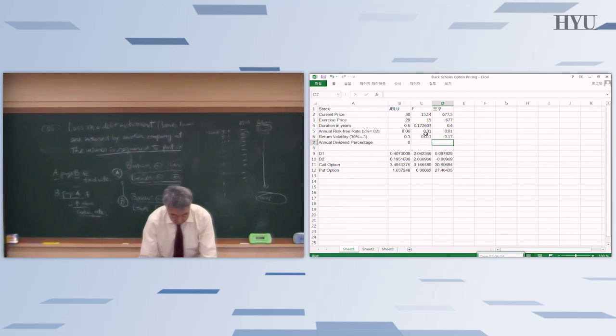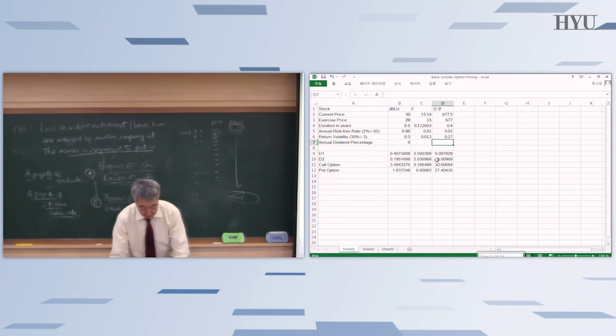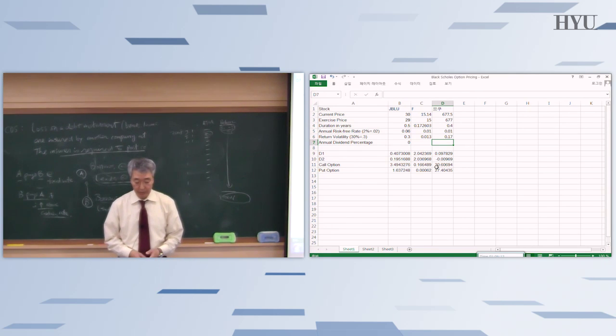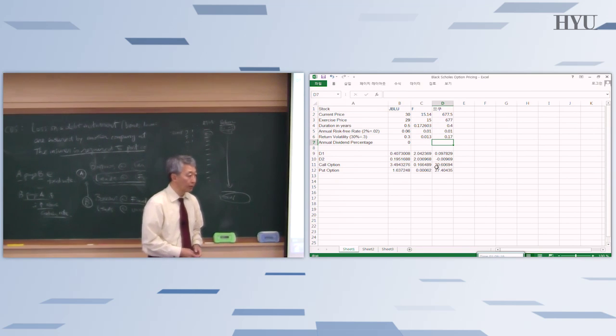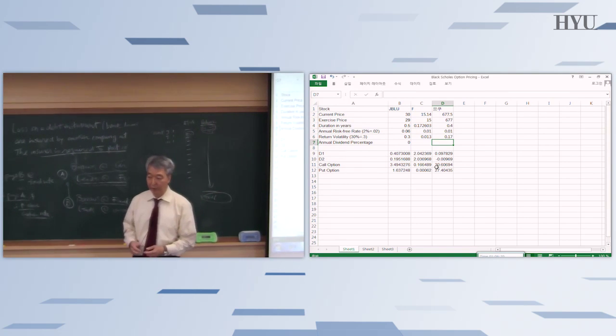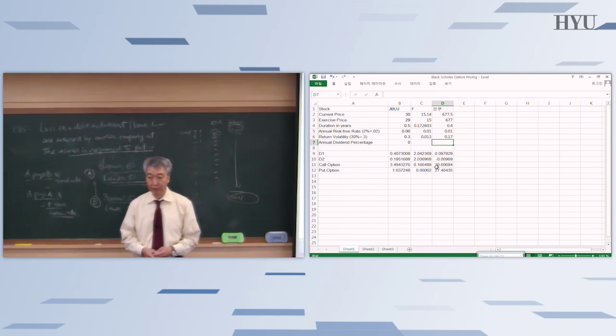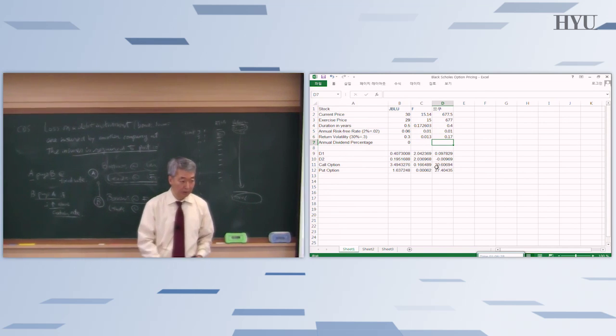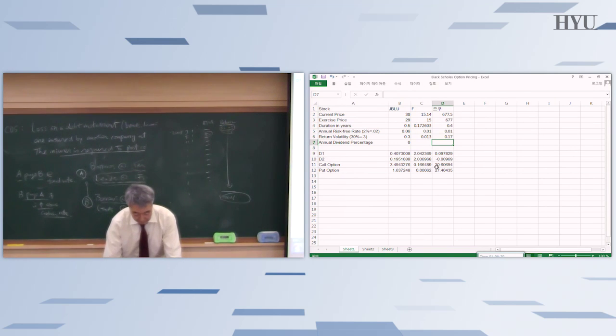Then we got the call option value and put option value here. So you can use this Excel template, or there are a few internet sites where you can calculate the Black-Scholes option value, quite similar to this one. You just provide these numbers and it calculates the option value.